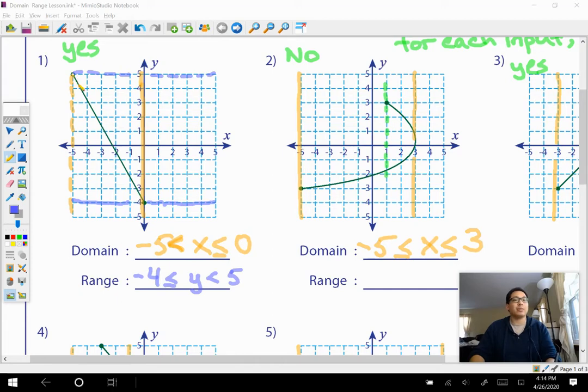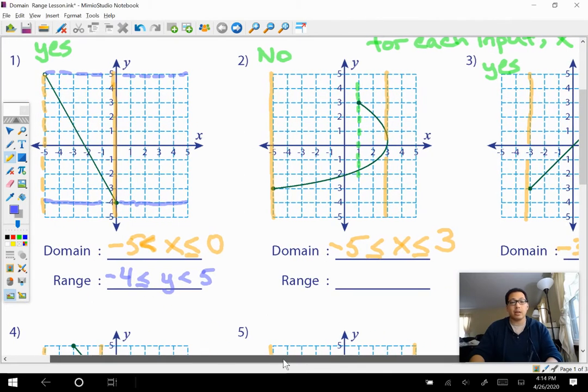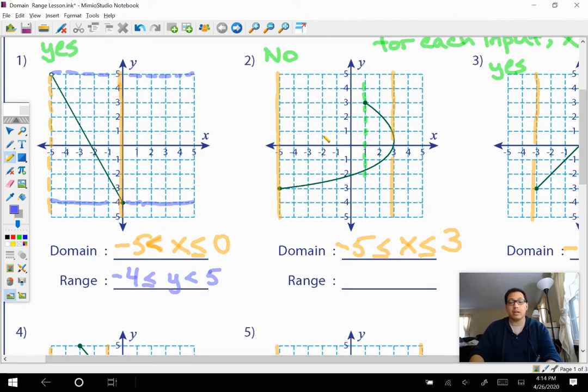That open circle means it's not quite equal to it. And that's the range for this graph. So instead of looking left to right, like with domain, we're looking up and down. That's the range.